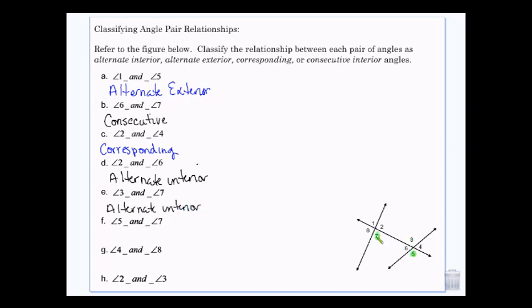Okay, then we have 5 and 7, corresponding. 4 and 8. They're on opposite sides of the transversal, and they're on the exterior, so they're alternate exterior.